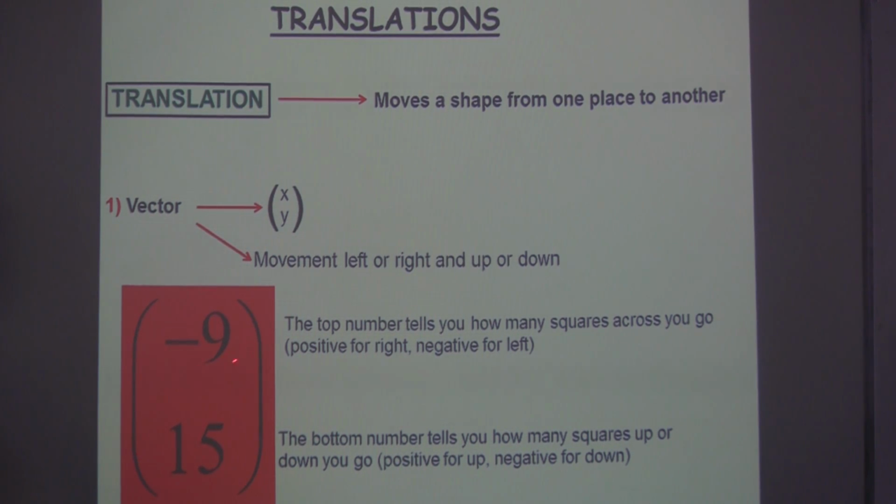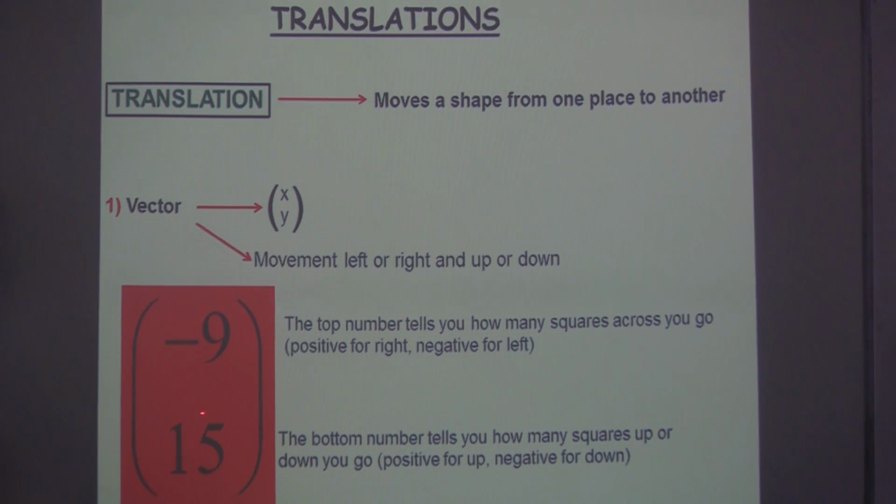Now we've got two directions. How can one number tell you if you're moving right or left? Well, it's quite easy. If this number here is a positive number, then you'll be moving in the right direction. And if it's a negative number, you'll be moving in the left direction. So in this case, we have -9. I know I'm going to be moving 9 units, but the question is which direction? Well, the number's a negative number, therefore you know you'll be moving in the left direction. And let's look at the number at the bottom now. We've got 15.